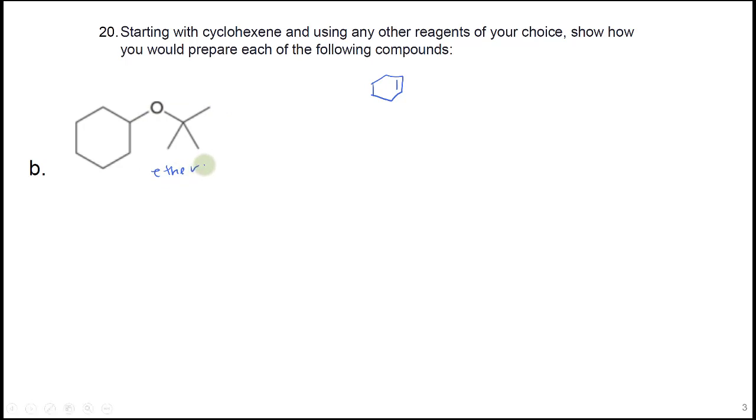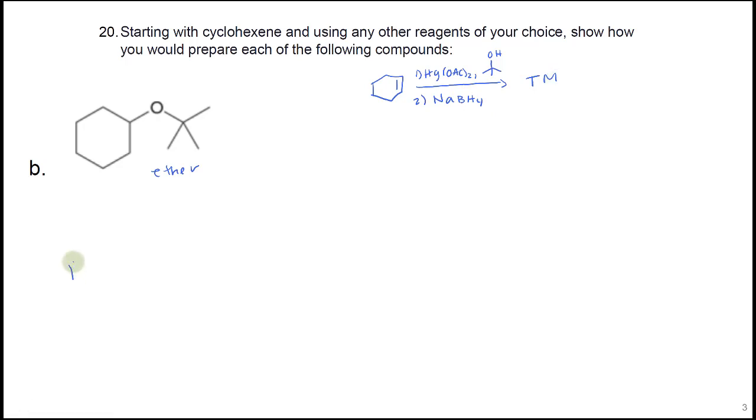So one way that I could do this is to use cyclohexene, mercuric acetate, and then just use t-butanol with sodium borohydride. So that will get me to my target molecule.